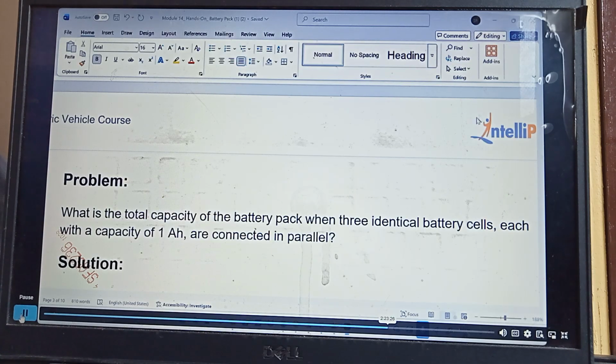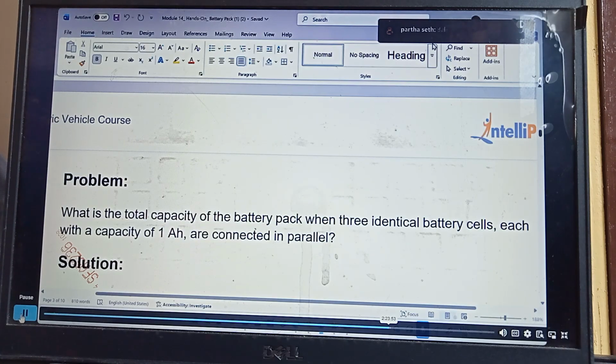First you need to find how many parallel strings are there. Please draw the circuit. Draw the circuit, where the three cells are connected in parallel.